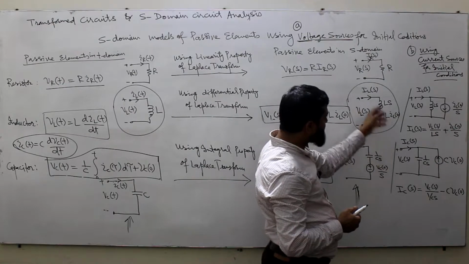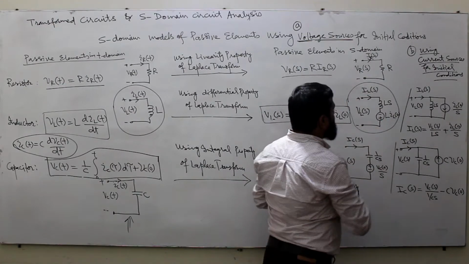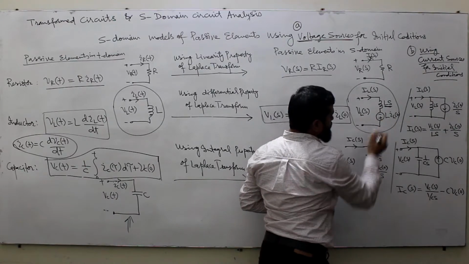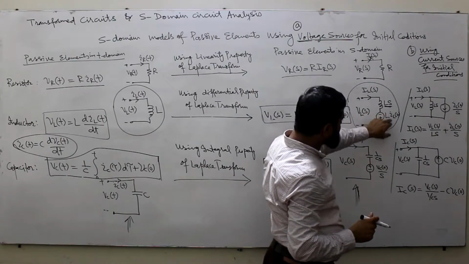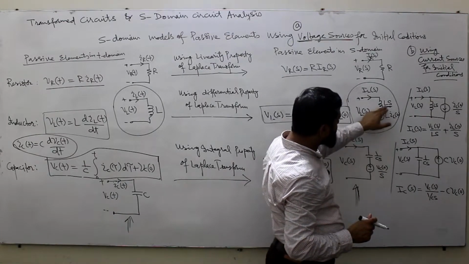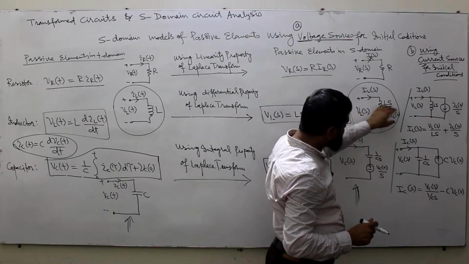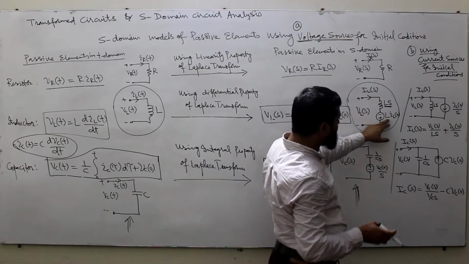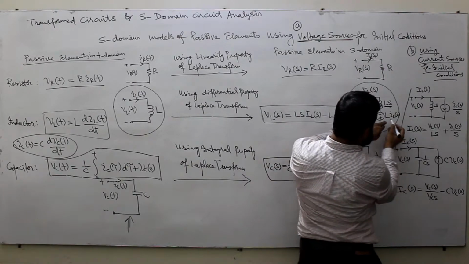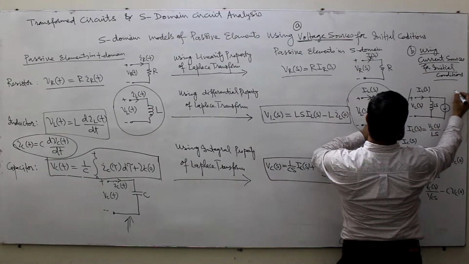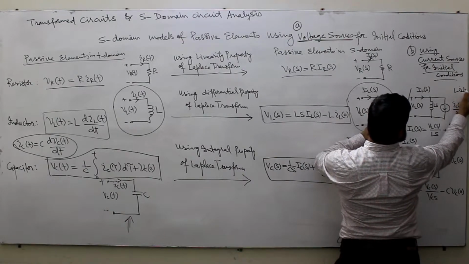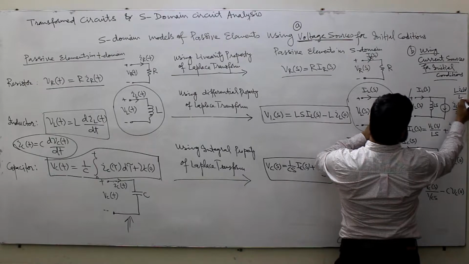For example, Ls is the reactance, and this is the voltage. So if you divide this voltage by the reactance, you will get the current. You can clearly see that this voltage is L into IL of 0 divided by Ls.